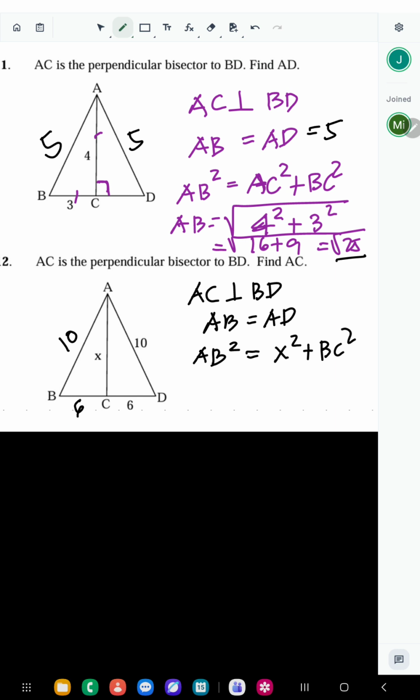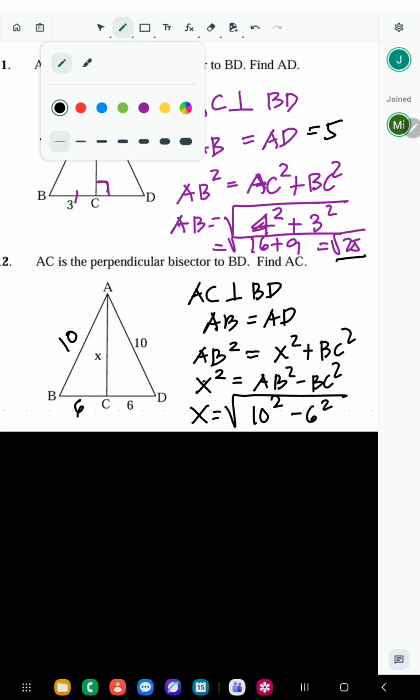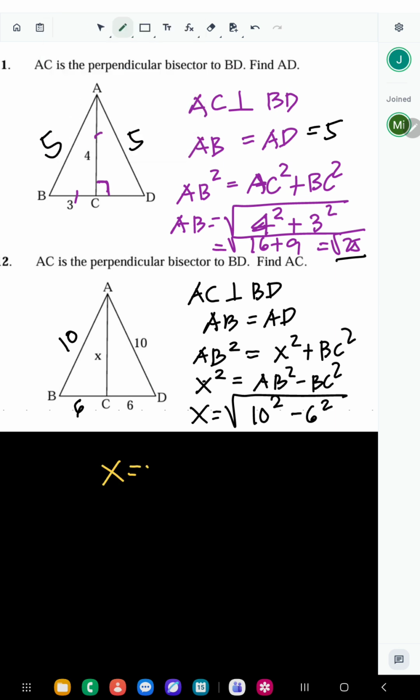BC is also 6. So X squared is equal to AB squared minus BC squared. So X is equal to the square root of AB squared, 10 squared, minus BC 6 squared. So X is just the square root of 100 minus 36.